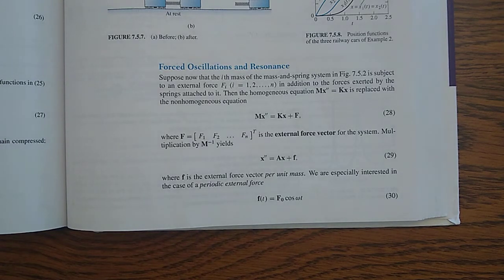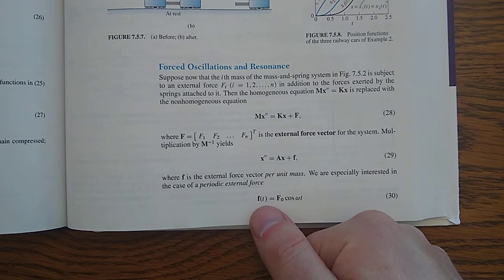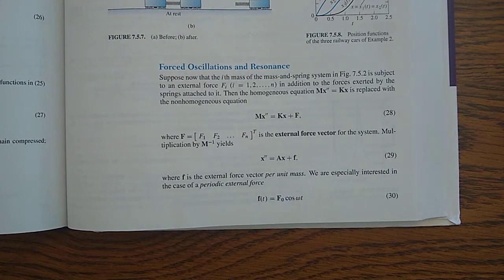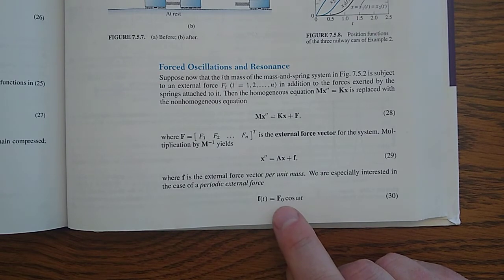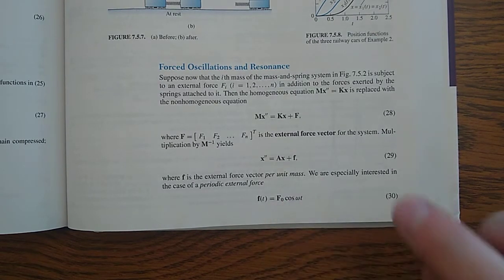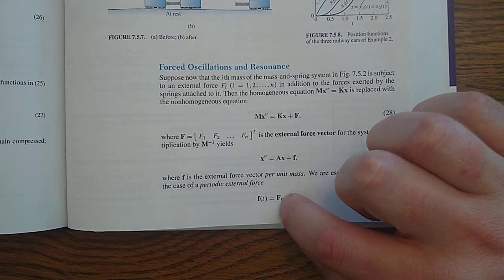We are going to be pretty limited in our discussion of this. We're only going to really handle it as long as this vector f takes a very particular form, like a periodic, specifically cosine function. So we're assuming that little f is a constant vector, big F naught.